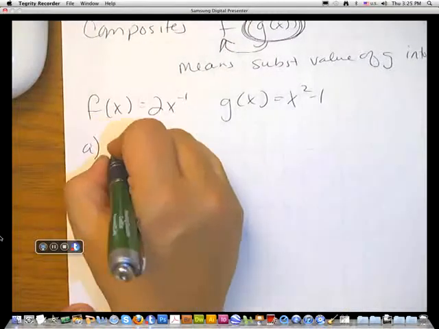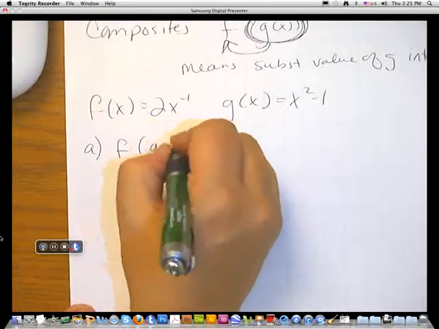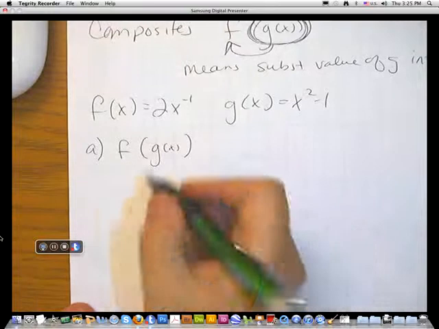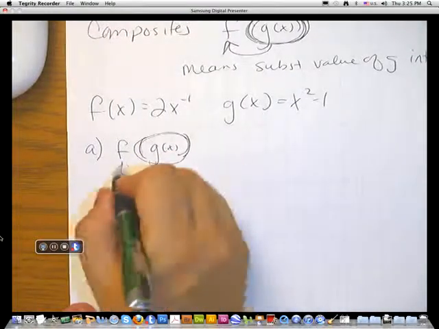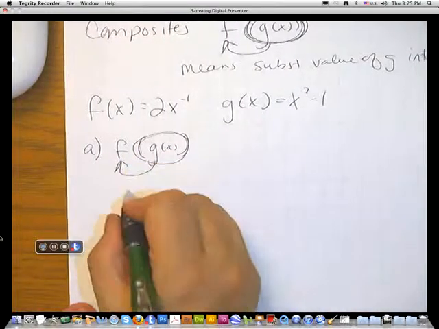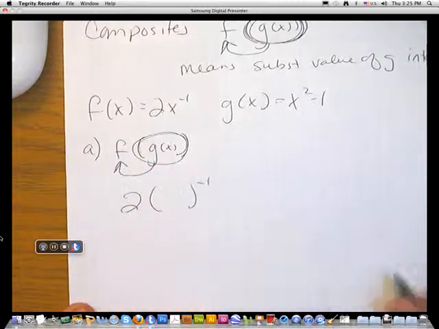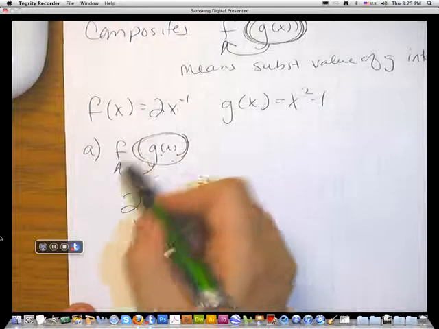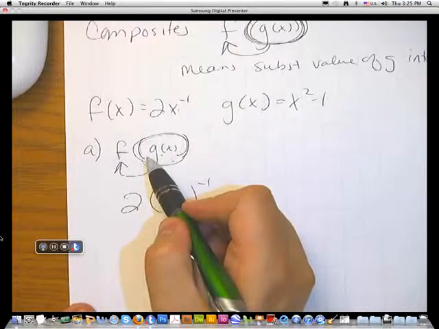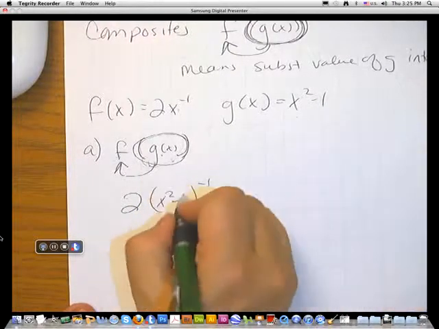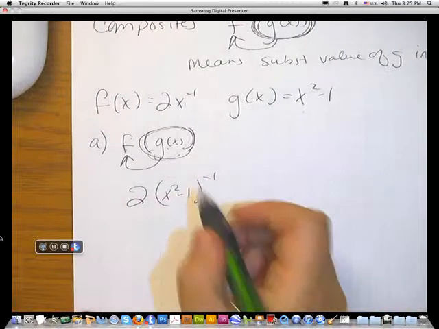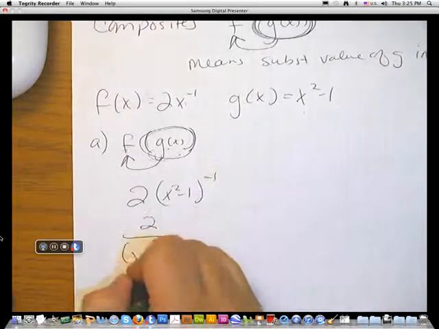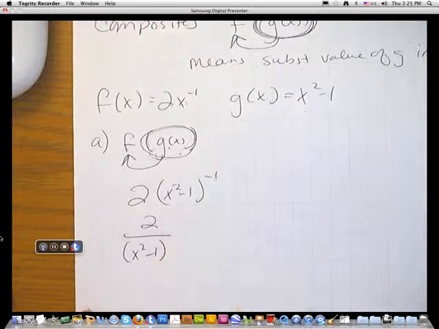And I say find f of g of x. That means I'm going to put g into f. Well, f is 2 times x to the negative 1. So what am I putting into the x location of the f? g. So x squared minus 1. And the negative 1 means cross the line, change the sign.